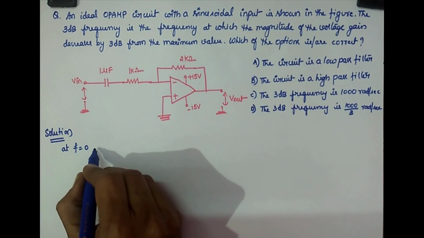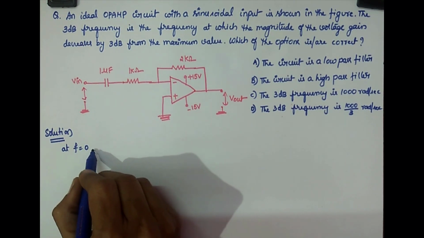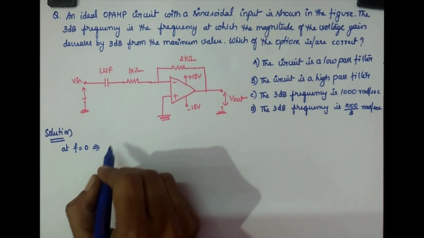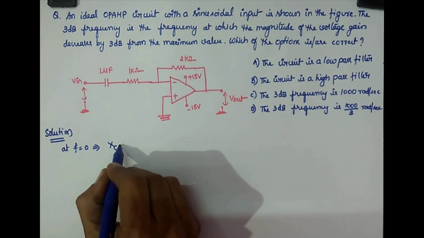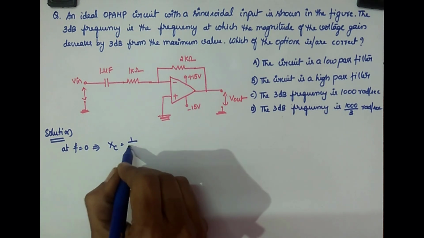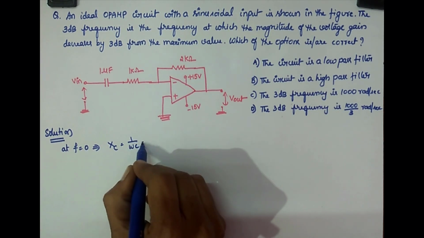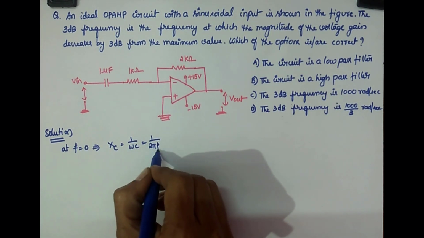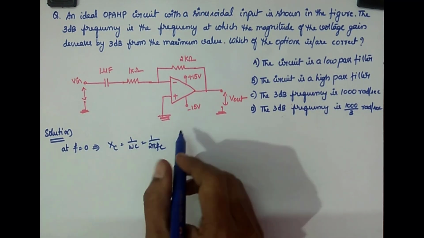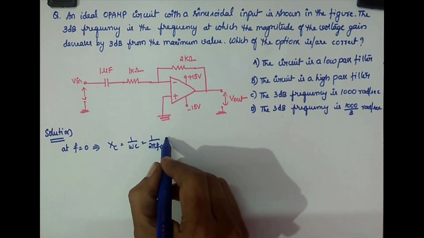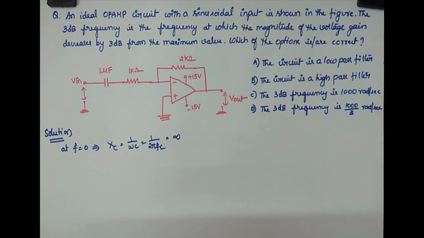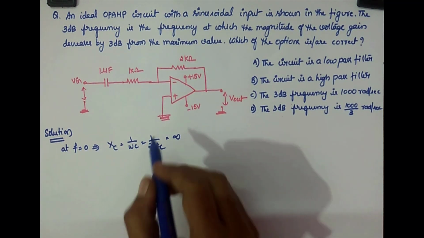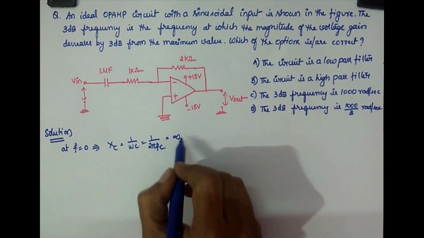At f equal to 0, the reactance of the capacitor Xc is equal to 1 by omega C, or 1 by 2 pi f C. At f equal to 0, Xc becomes infinite, since it is 1 by 0.